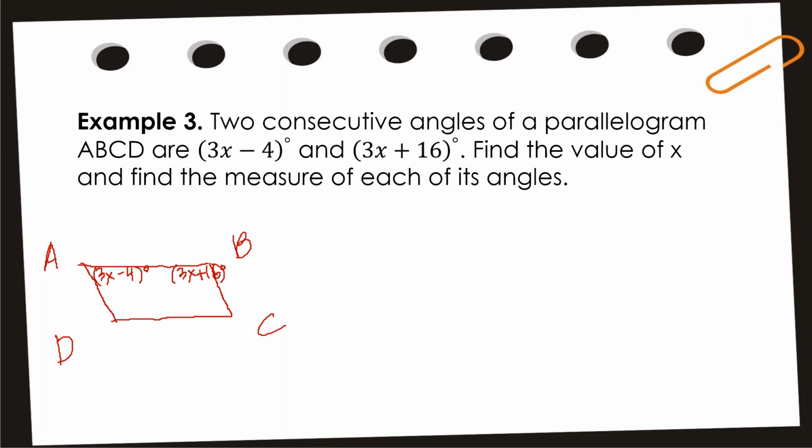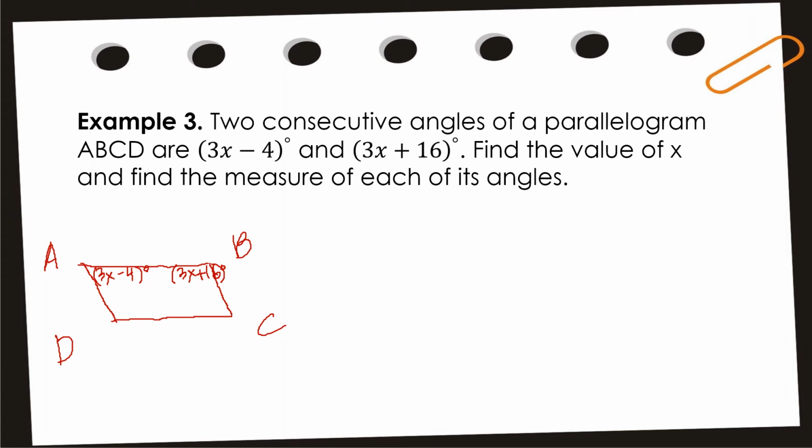First, we find the value of x and then find the measure of angle A and angle B. Since angle A and angle B are consecutive angles, we can apply the third property that we have learned a while ago, which says that in a parallelogram, consecutive angles are supplementary.